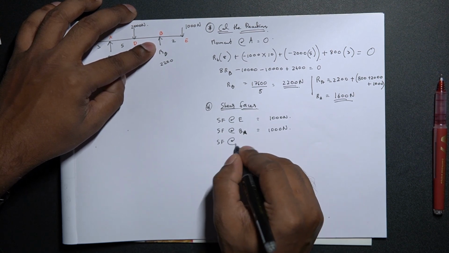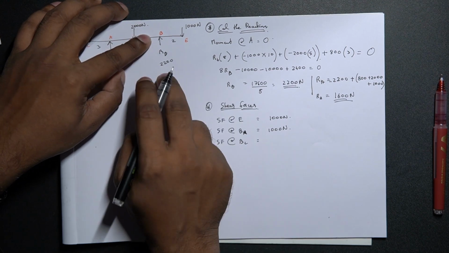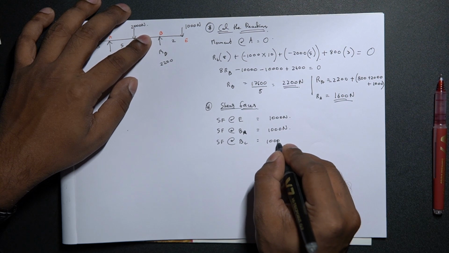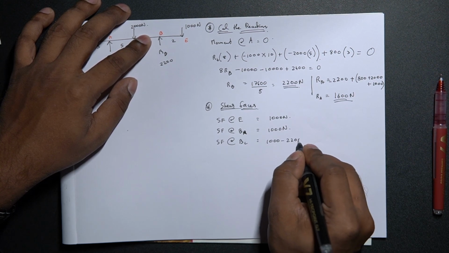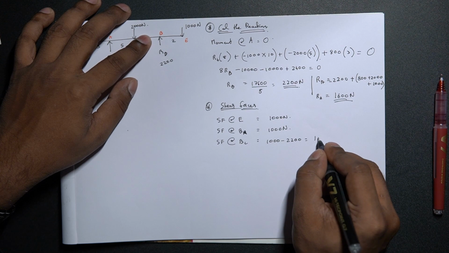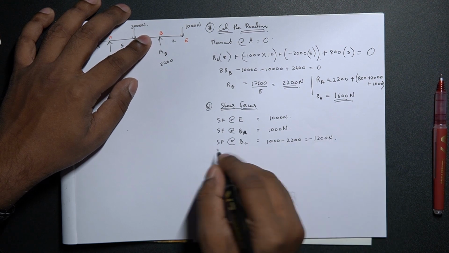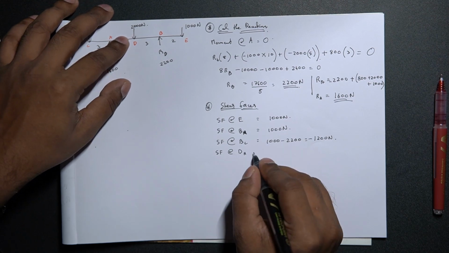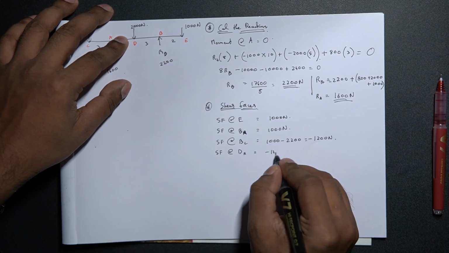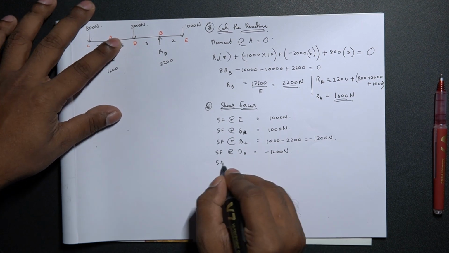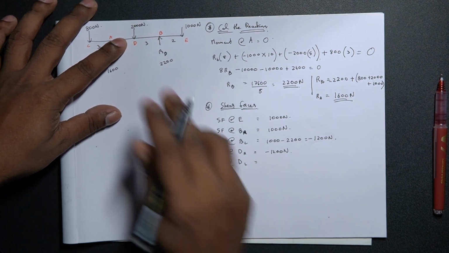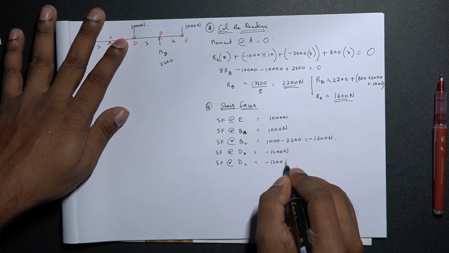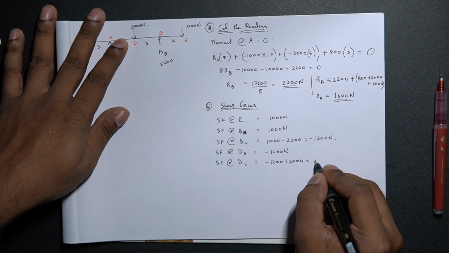Shear force to the left of B, we have an inclusion of 2200 newtons over there. So that would be 1000 minus 2200. This would give us minus 1200 newtons. Next, shear force at right of D, it would be the same, reflecting all the way to the point D. Shear force to the left of D, we have an inclusion of 2000 newtons again from top, so that would be minus 1200 plus 2000, so this would be 800 newtons.